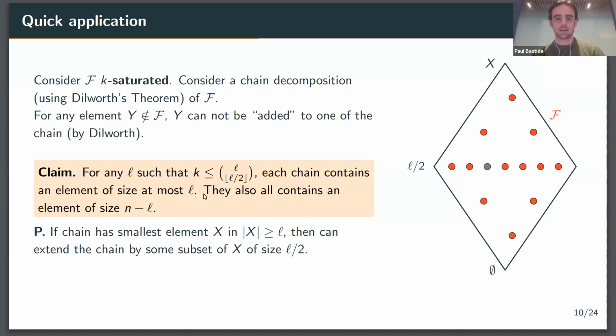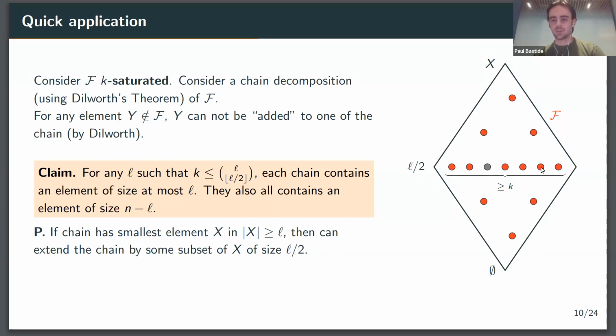Okay. And I carefully chose L in order for this to be impossible, because I chose L such that the middle layer of this sub-Boolean lattice contains at least k elements. And my family has a k-1 chain decomposition, right? So it cannot contain k elements on the same layer.